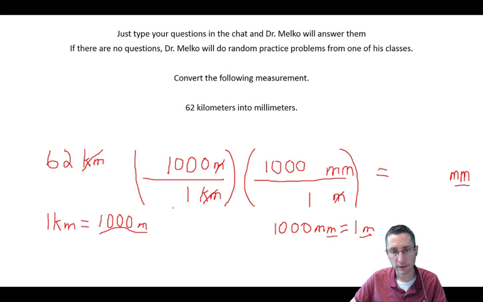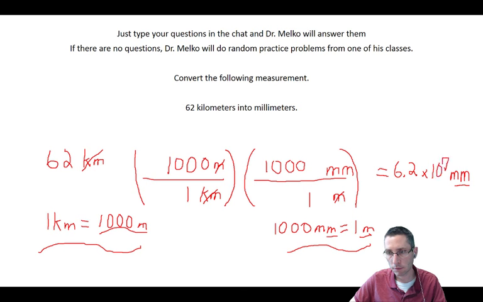All right, these are exact relationships that I've written down here, so I don't need to worry about any sig figs involved in these unit factors. I'm just going to worry about starting with 2 sig figs, so I better end with 2 sig figs. So I'm going to write 6.2, converting this to scientific notation, times 10 to the 7 millimeters.